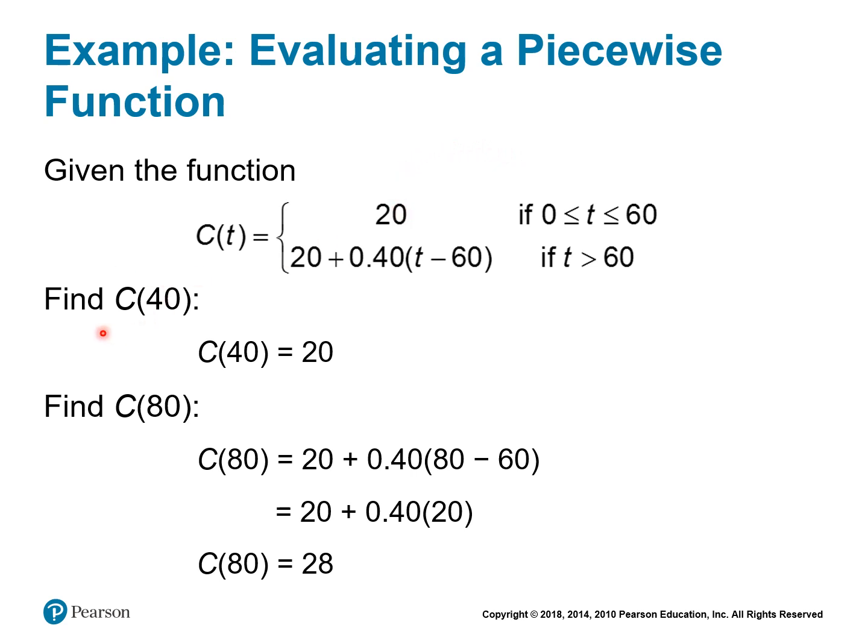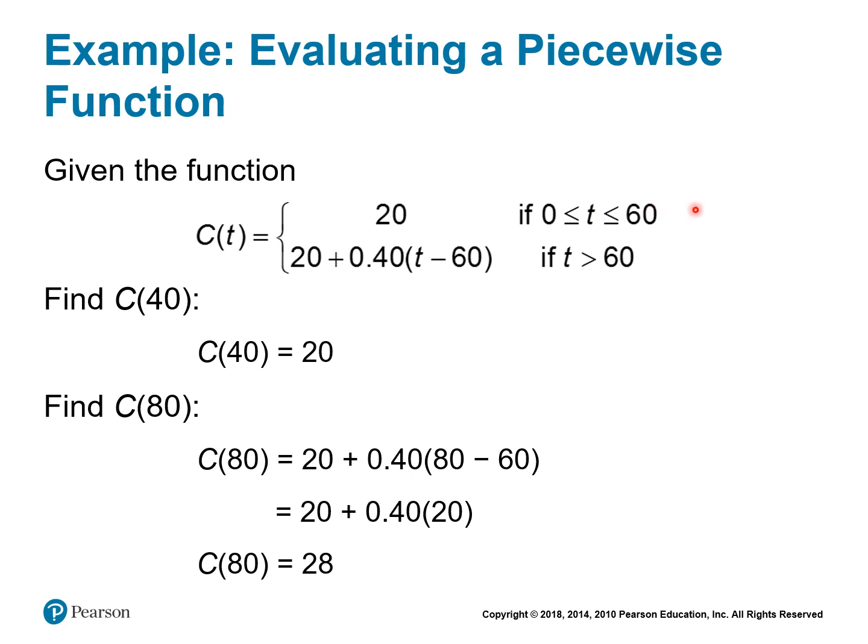All right, so we see here it says find C of 40. So we have to look at this value 40 and see whether it fits here in this interval or in the top interval here. So 40 is clearly a value between 0 and 60, correct?